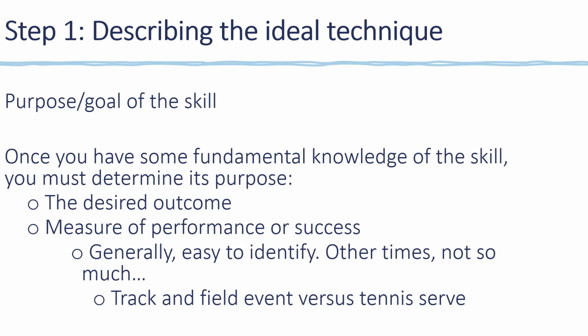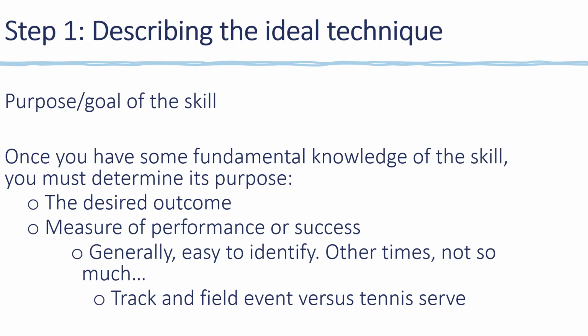Once you have some fundamental knowledge about the skill, you next have to identify the purpose or the goal of the skill and interpret it in terms of the biomechanical terms that we have now learned. Refer back to the week 1 videos if you're unfamiliar with this. The purpose of the skill is its desired outcome, the measure of performance or success, or the performance criterion.